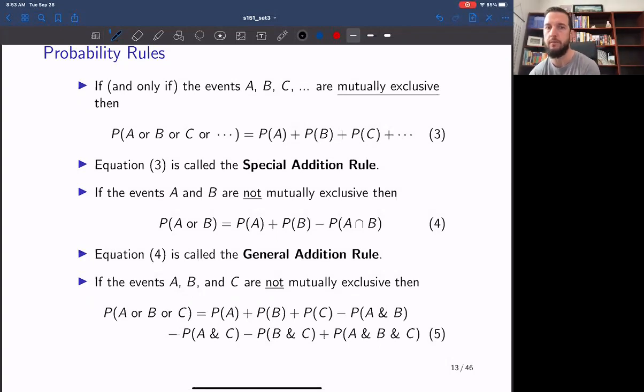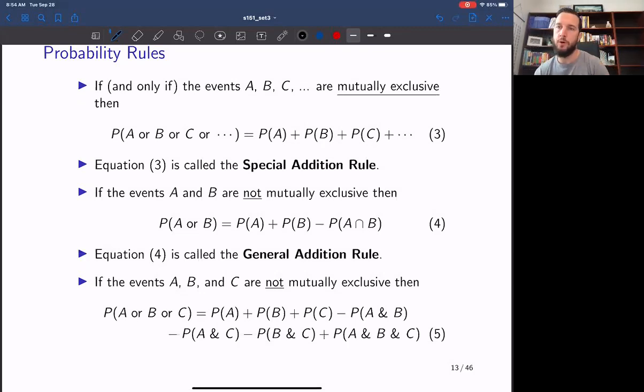That's equation 3. If we have events that are intersecting and we want to compute the union, our formula changes every time we add a new event into the space. Most often we will be computing the union of intersecting events when there are only 2 events, so we'll be using equation 4.